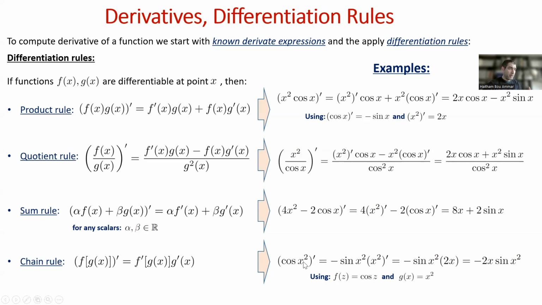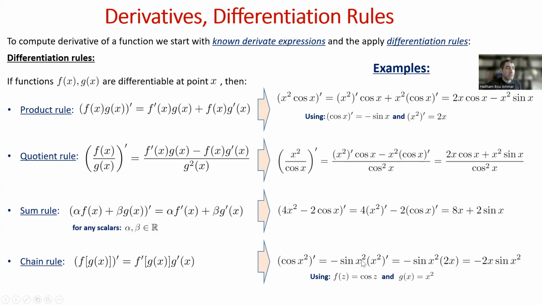Now if we want to compute the derivative of cosine of x squared, we follow the chain rule. We take the derivative of the outer function, cosine of z, which is minus sine of z. But now, instead of z, we need to use the inner function, following the chain rule. So we get minus sine of x squared, because instead of z we use g of x, which is x squared.